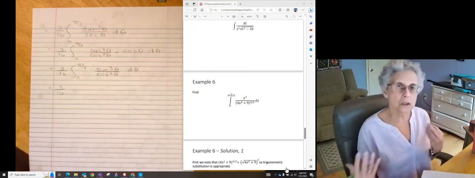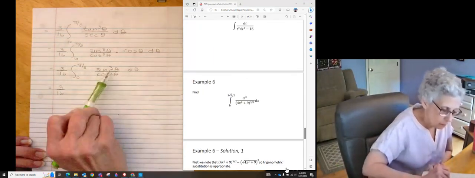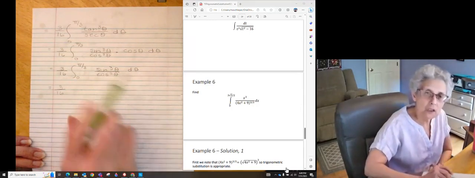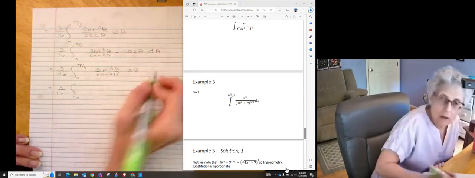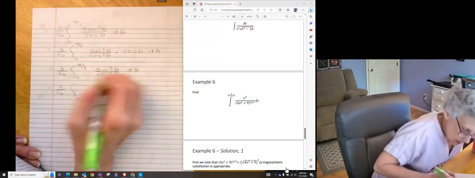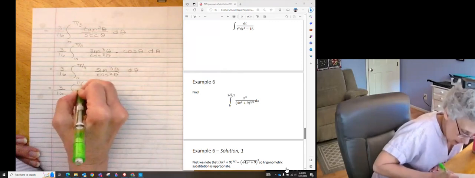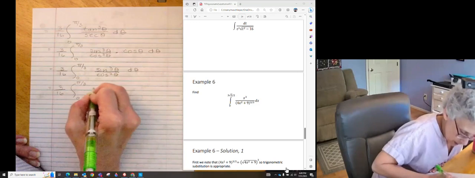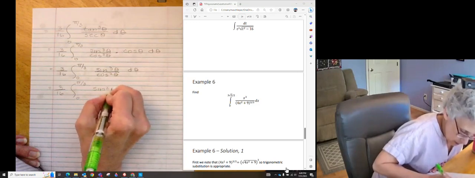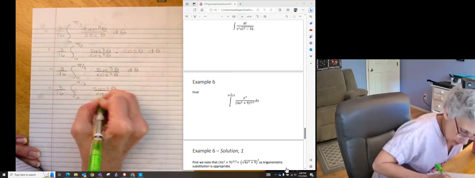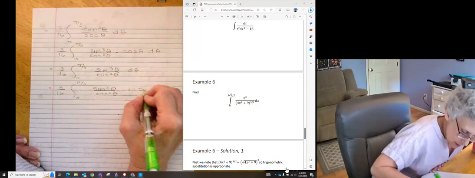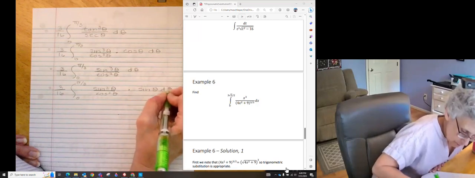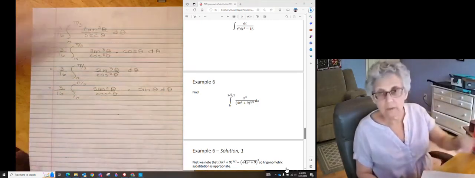I think back to the last unit when I had an odd exponent on sine. I usually brought it over and put it with the dx, or the d theta in this case. So I really have sine squared of theta on top of cosine squared of theta times sine of theta d theta.